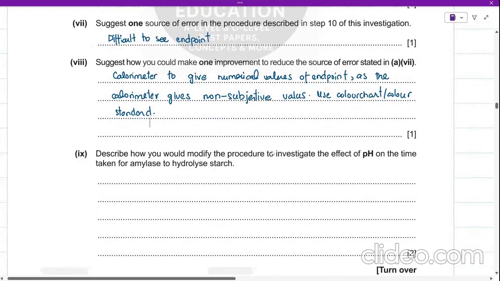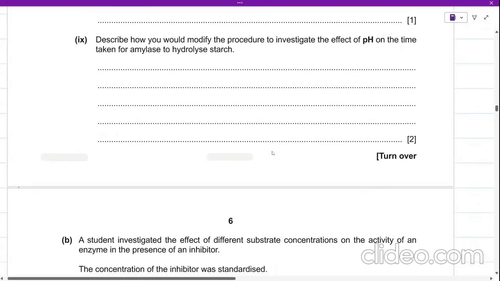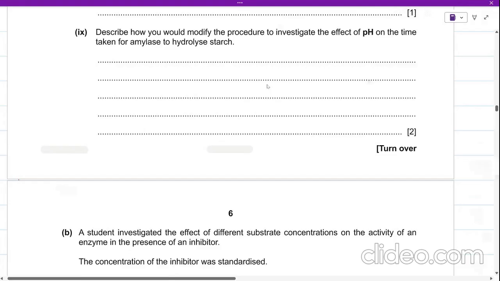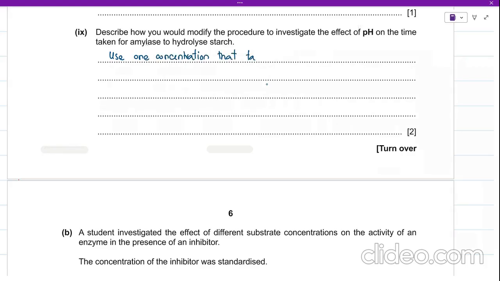Discuss how you would modify the procedure to investigate the effect of pH on the time taken for the amylase to hydrolyze the starch. Okay, so now we will be using the one concentration that takes the least amount of time to hydrolyze starch.